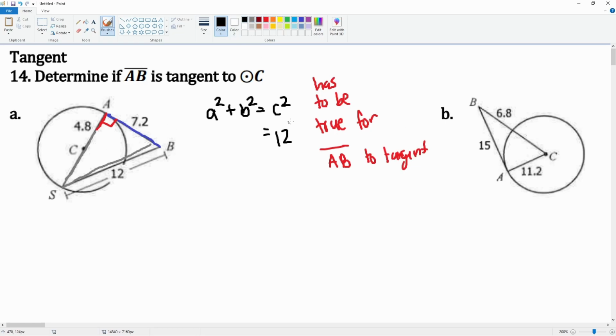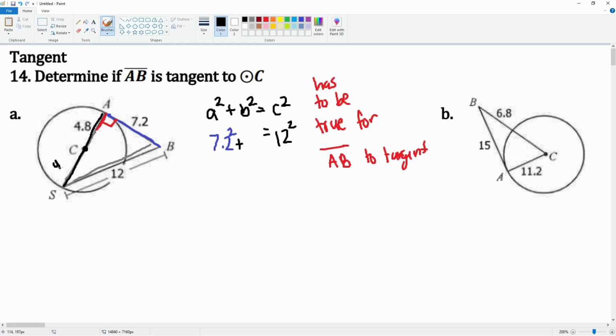That 12 is the hypotenuse. That 7.2 is the first leg, and the other leg is, let's see, hold on. Give me a moment here. All right. A lot of you are going to put 4.8. That is wrong. It is not 4.8. 4.8 is just this radius, so you want the whole thing.